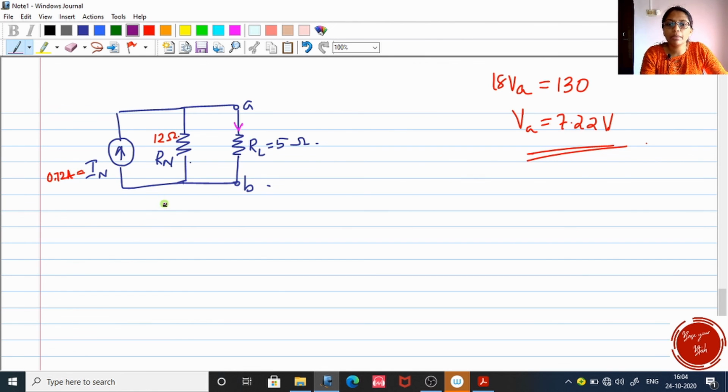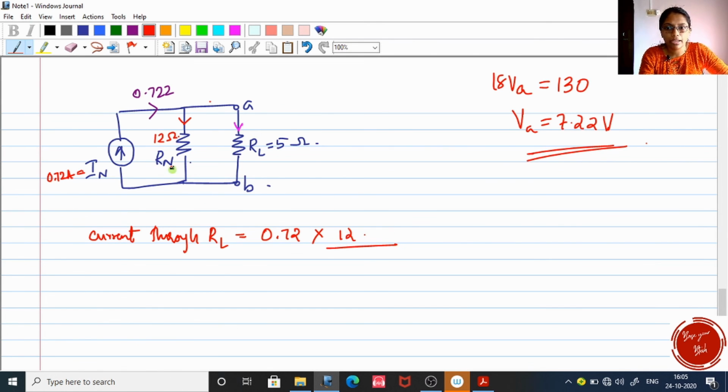Okay, here we can make use of the current division rule. That is, 0.722 ampere is coming from this side, and it gets split this way and this way. So the current through RL is equal to the main current 0.72 into the opposite branch resistance, that is 12 ohm, divided by the net resistance 12 plus 5.